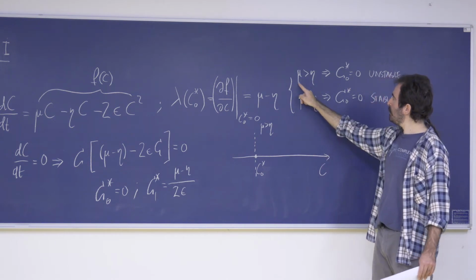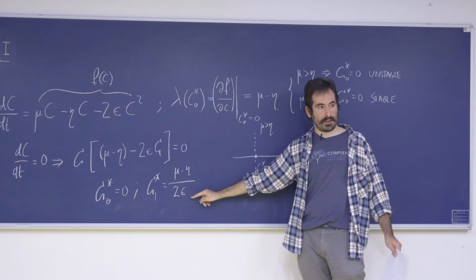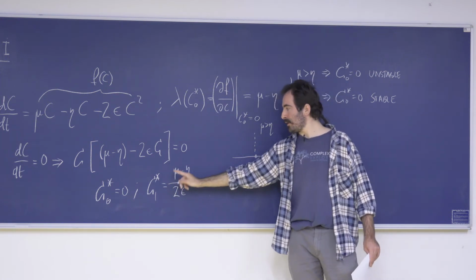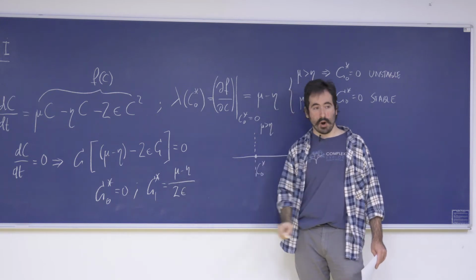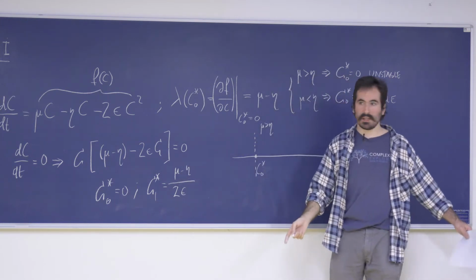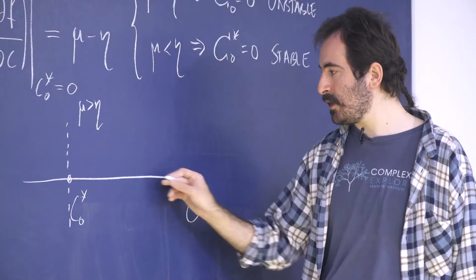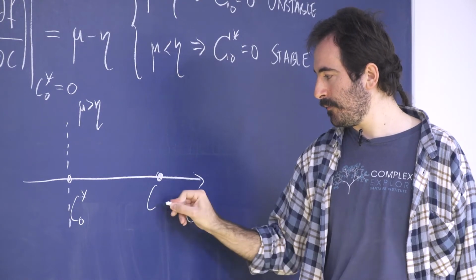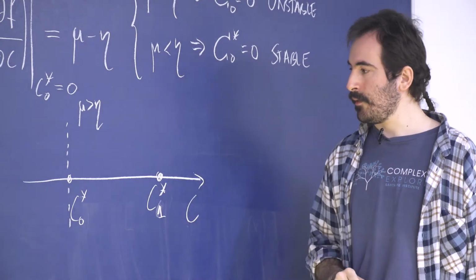And if mu is larger than eta, when we go back to our second fixed point, which is this C1 star, this is going to lead us to a numerator larger than 0, in this case mu minus eta in general, divided by 2 epsilon. But this is a positive number, so this is going to be sitting somewhere over here. I'm sorry, this is C1.